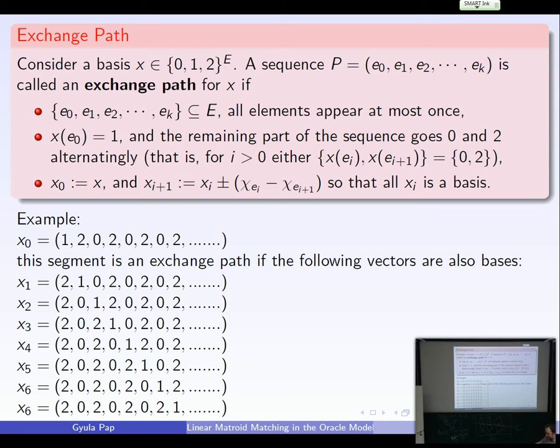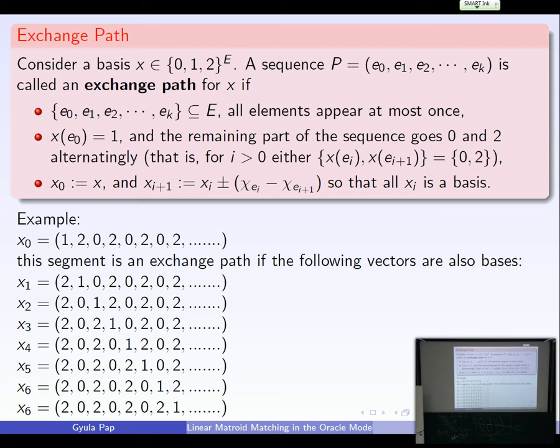It's a sequence of elements in the ground set; I would just reorder the entries so that it looks nice. It would start with a 1 and then 2, 0, 2, 0 alternatingly. That's an exchange path, and the main thing in this definition is that these are all different entries, so the 0 will not repeat later.